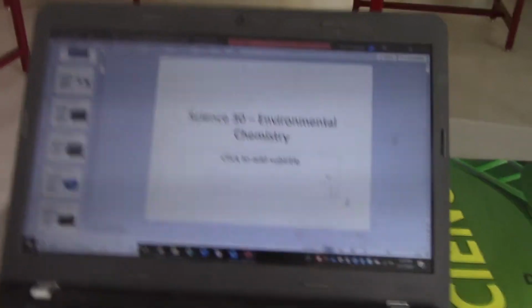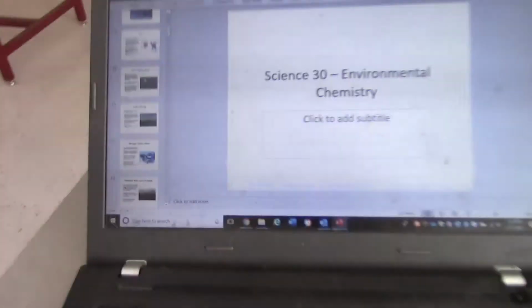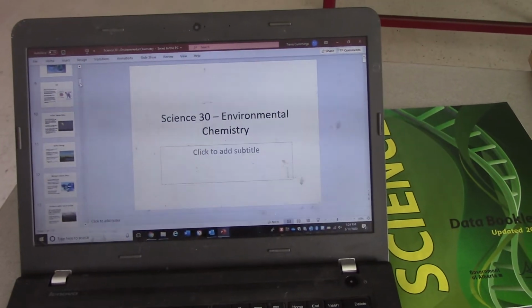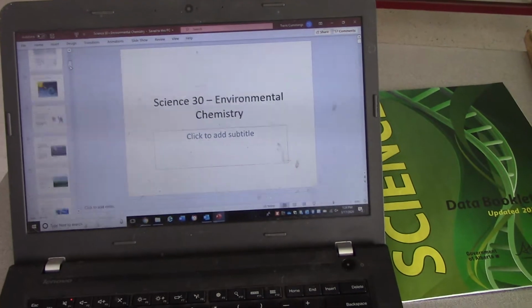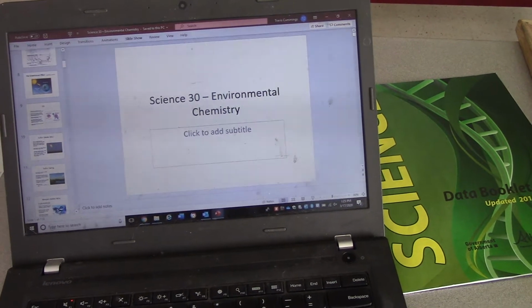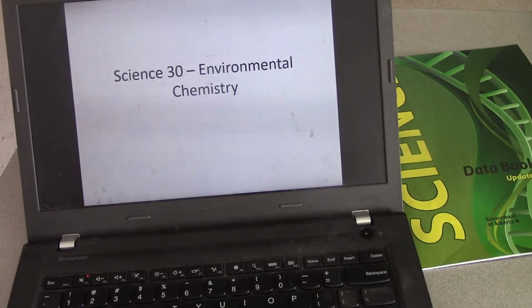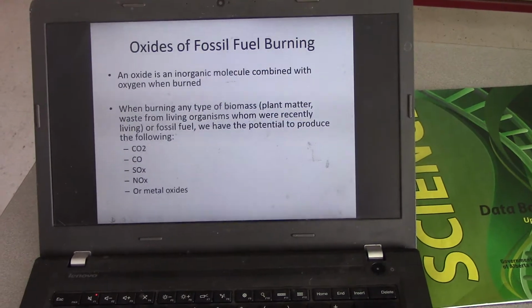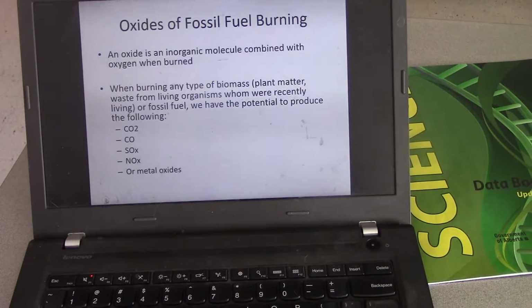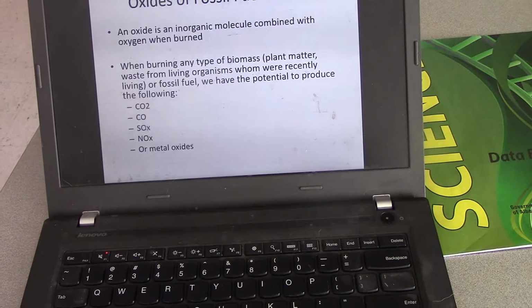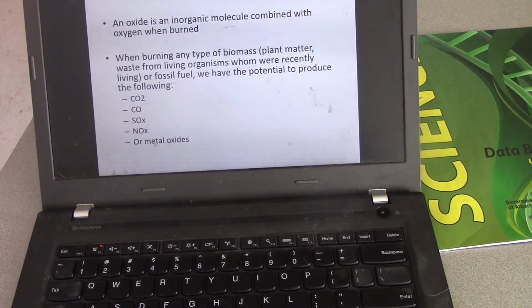Last class we looked at oxides of oxygen and how they affected emissions and what they did in the environment. If we go back to last week, we looked at carbon dioxide, carbon monoxide, sulfur oxides, nitrogen oxides, and metal oxides.